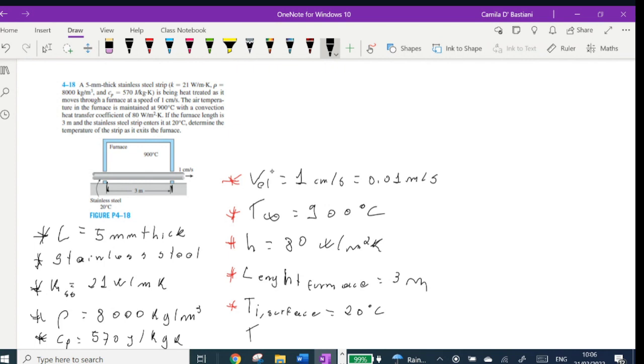I want to know my temperature at a certain point in time after a few seconds that it passed through the furnace, okay? Well, we have a strip, stainless steel.